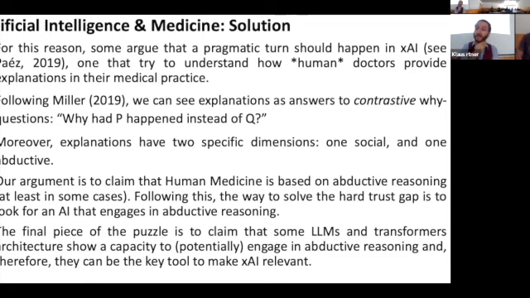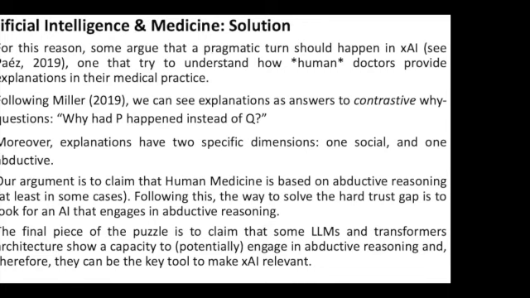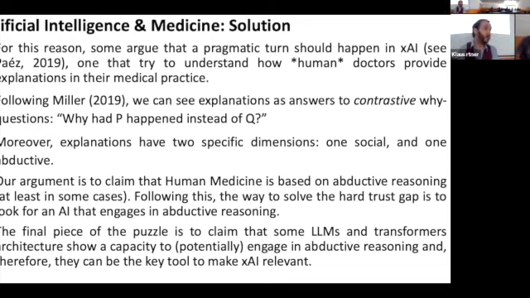So some people are arguing for what they call a pragmatic turn in explainable AI. And what this pragmatic turn is, basically, is that if we want to provide techniques of explainable AI, we first need to understand how doctors provide explanations. So we need to understand how humans in the medical field usually provide explanations.